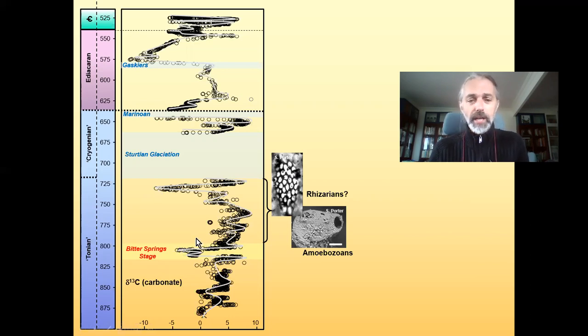These ups and downs in the Neoproterozoic are extremely strong, 10 times bigger than the last 500 million years, and they tell us the carbon cycle went berserk, up and down and up and down and up and down. And the same ups and downs we see in the biosphere.